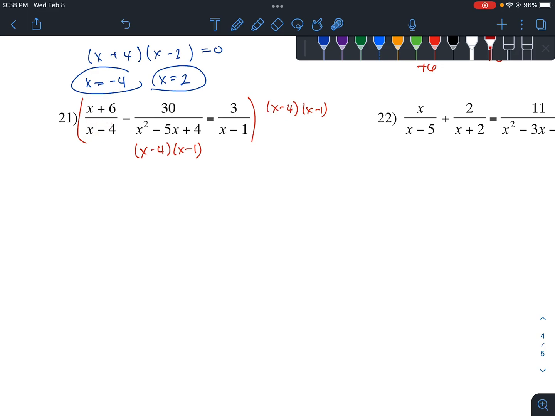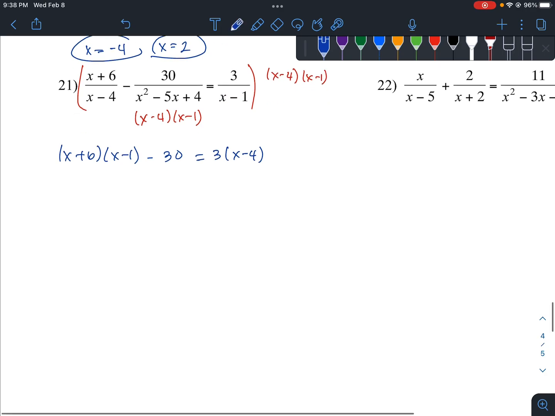The x minus 4's are going to cancel, so I'll have x plus 6 times x minus 1 minus 30. Because when I multiply this whole term by my least common denominator, those are going to cancel. And that's going to be equal to 3, and then I'll have x minus 4. So when I multiply those together, those are going to cancel.